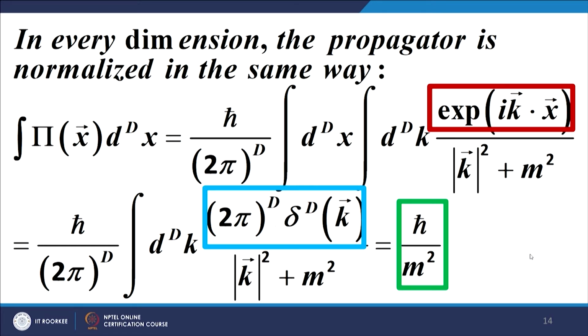When you do the k integration, the d dimensional delta goes, the 2 pi cancel out, and we are left with h upon m square. So, that is the normalization in every dimension.